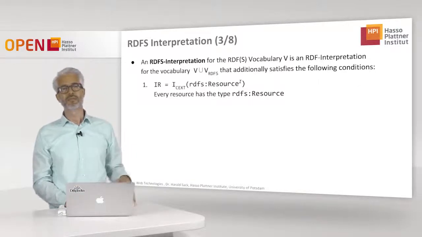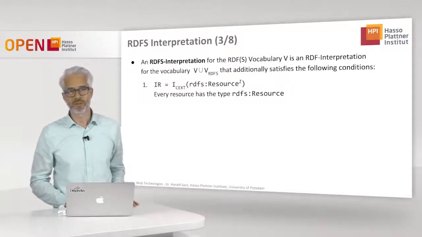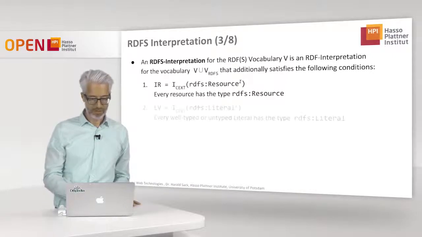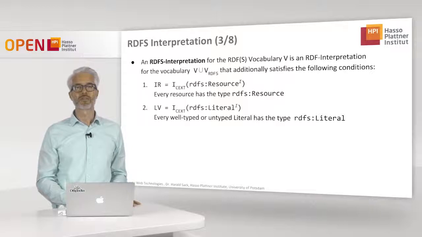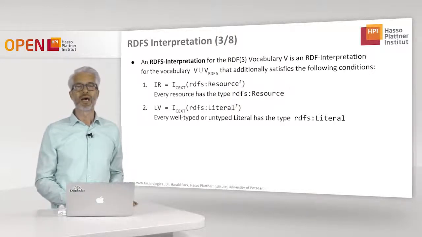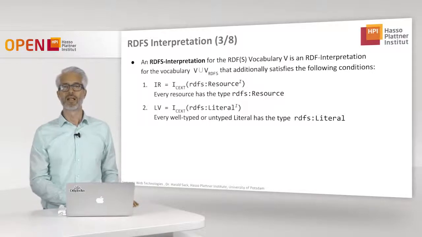So if we look in the class extension of rdfs:Resource, we will find all resources. That's pretty easy. The next thing we want to do is apply this class extension function on rdfs:Literal. So it means every well-typed or untyped literal has the type rdfs:Literal.